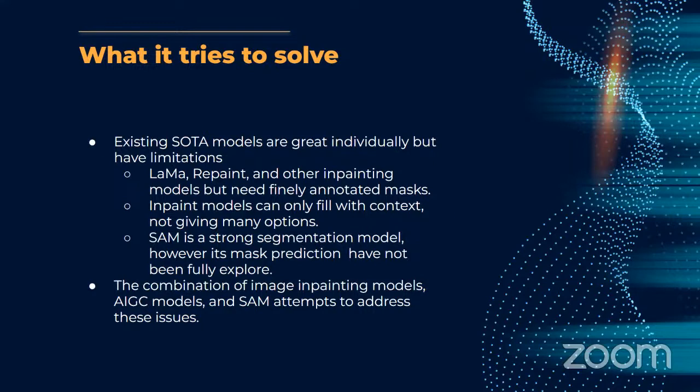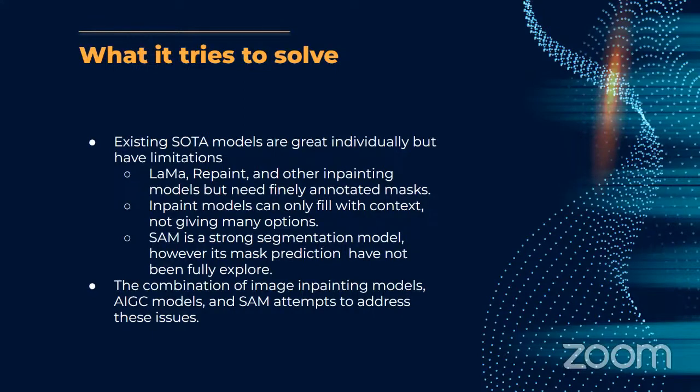Additionally, inpainting models can only use context to fill in areas and cannot necessarily create new content. SAM is a powerful segmentation model which produces high-quality masks, but its mask segmentation predictions have not been fully explored yet. So by combining SAM with state-of-the-art image inpainters and AI-generated content models, Inpaint Anything aims to create a robust pipeline for solving more general image inpainting related problems.